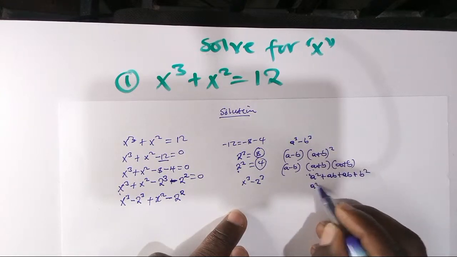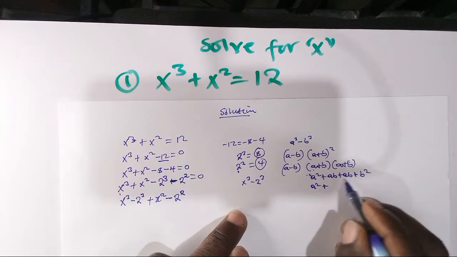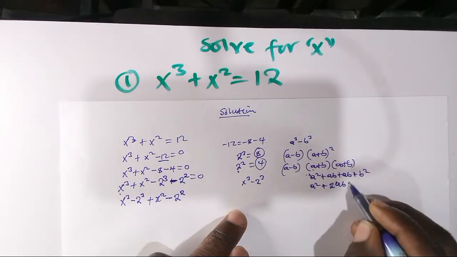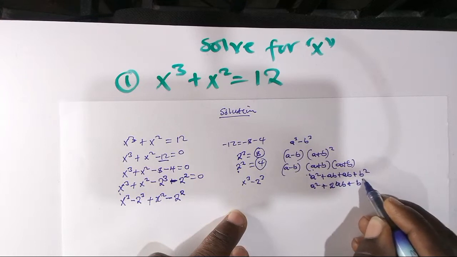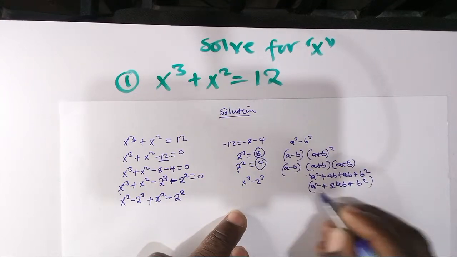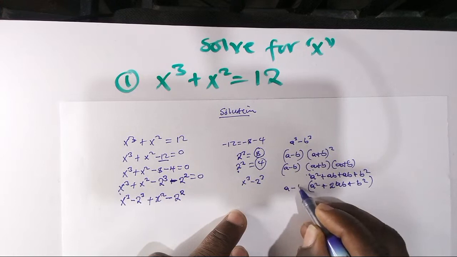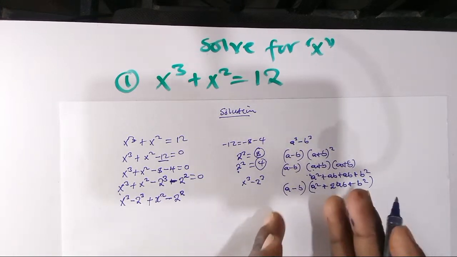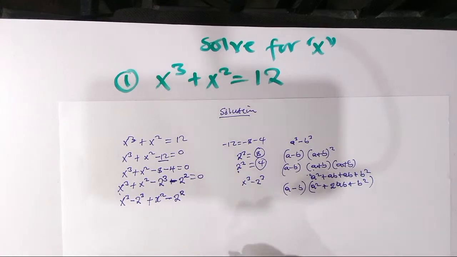Then a squared plus ab plus ab is a squared plus 2ab plus b squared. And remember here we have a minus b as a term itself.